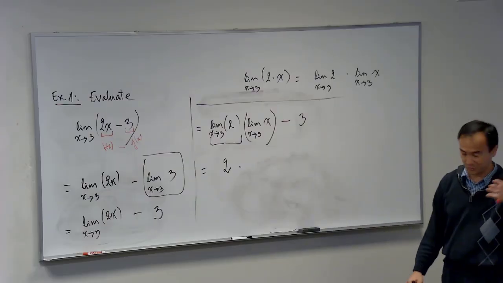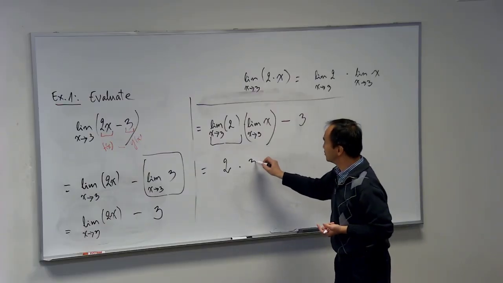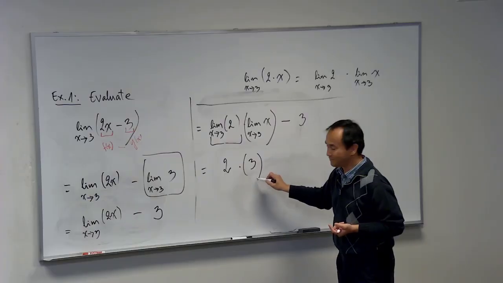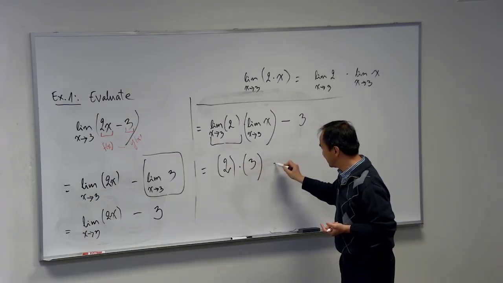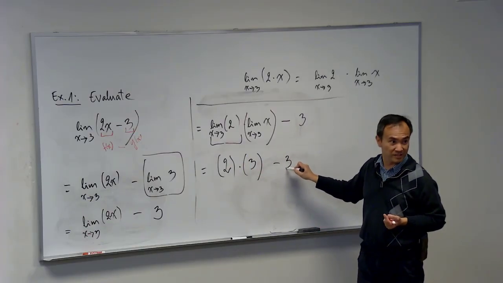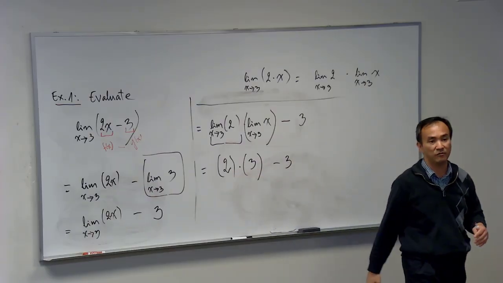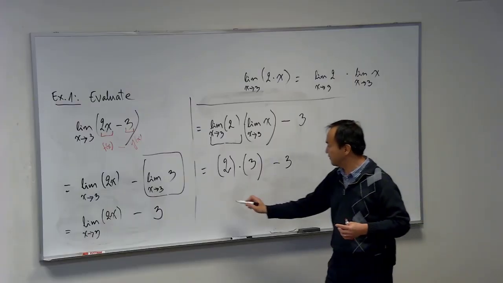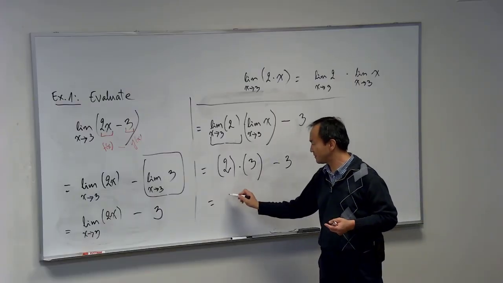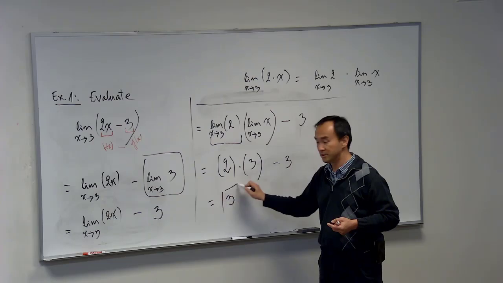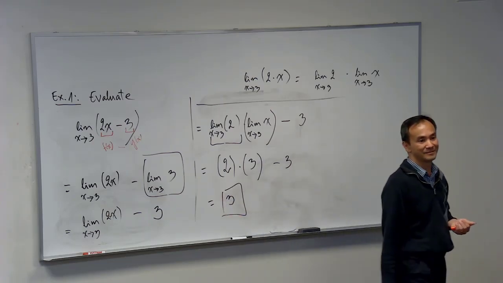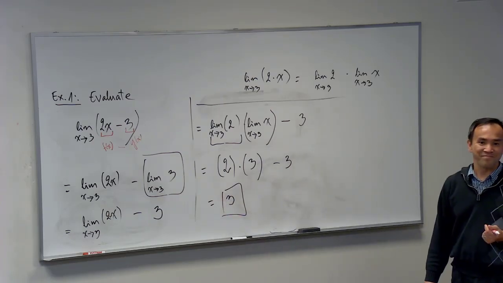It's going to 3. So now it's 2 times 3, and then don't forget to subtract another 3. Now we have all solid values. We completely bypass the table of values. The final calculation is an overall 3. Does that make sense so far?